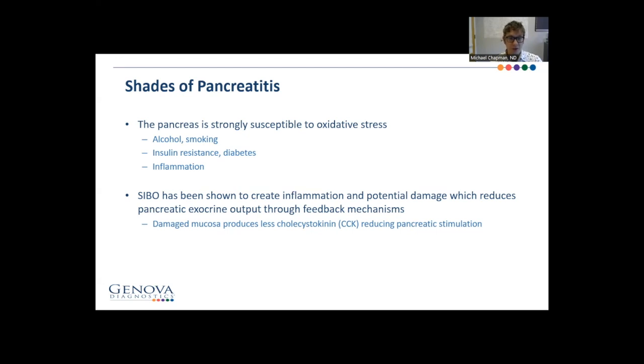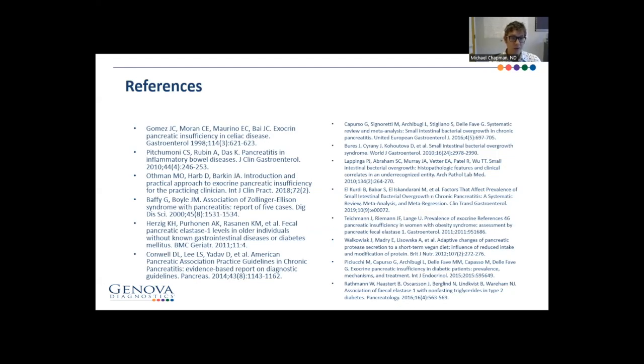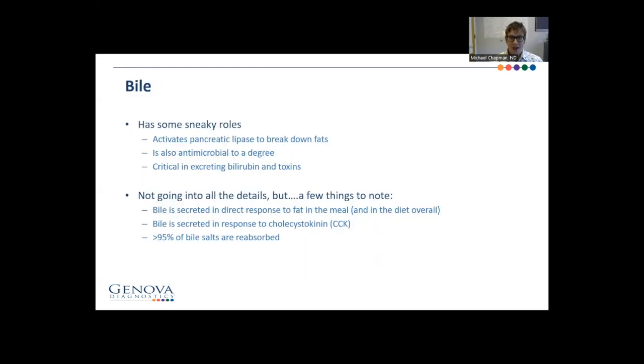So there is a well-known mechanism for how SIBO, bacterial overgrowth, more of a microbiome issue, can impact pancreatic function and cause maldigestion. So keep that in mind. I'll leave these reference slides up for just a minute if you want to pause and review them, just to show that these things have a good amount of backing.